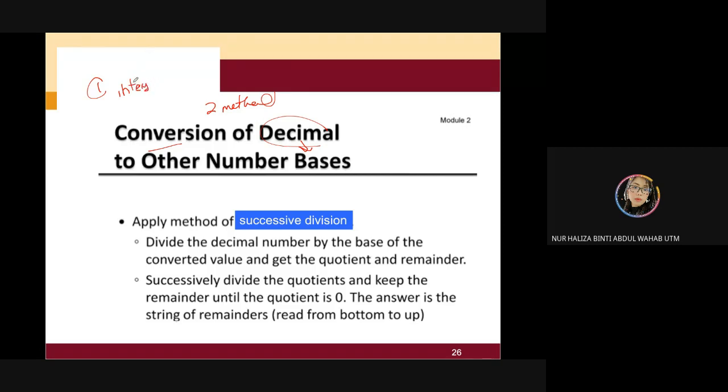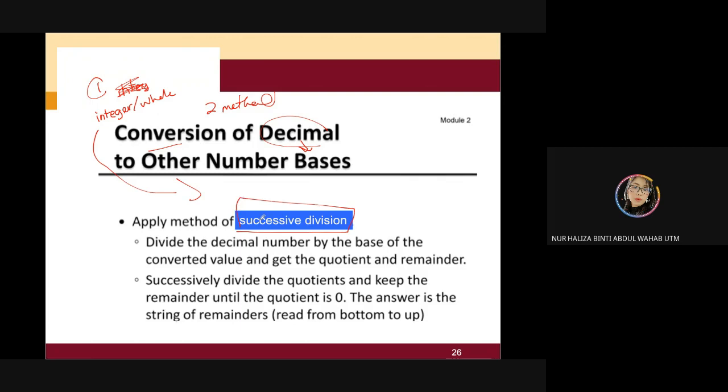What if I write fast? It's not showing. Integer, is it correct? The spelling. For an integer, or whole number, you're going to use successive division.